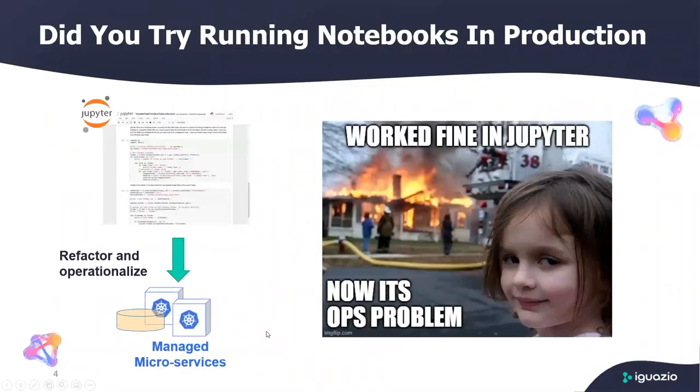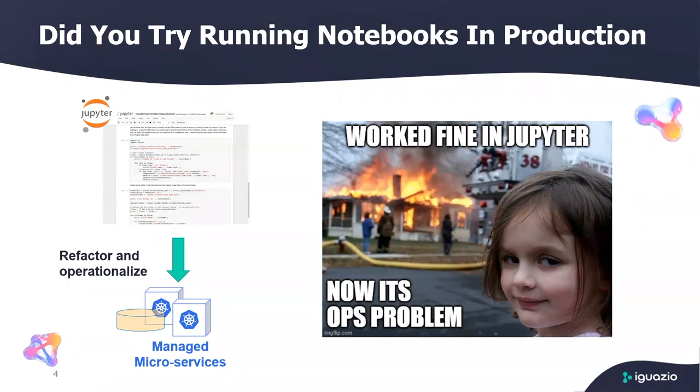So if we're looking into the process, this sort of illustrates the problem. Some people write those jumbo Jupyters. If you go to Kaggle, you'll see a Jupyter notebook that does everything from data preparation and training and validation and even trying the serving, all that in a huge notebook of multiple pages. You can't really run that thing in production.